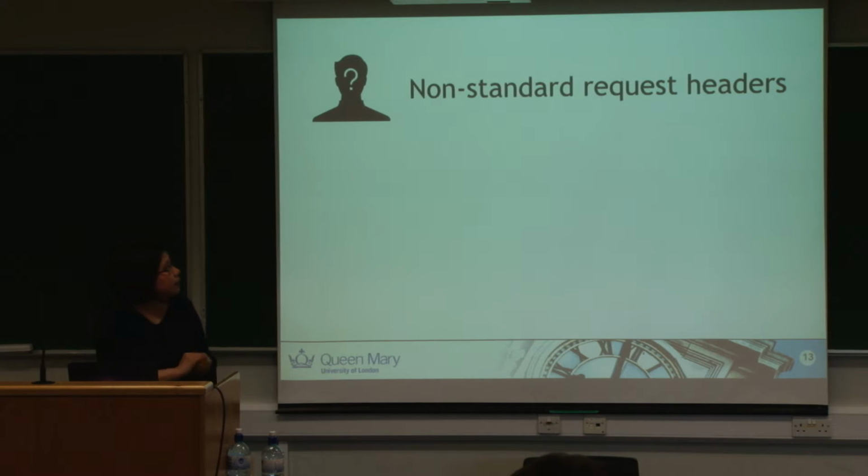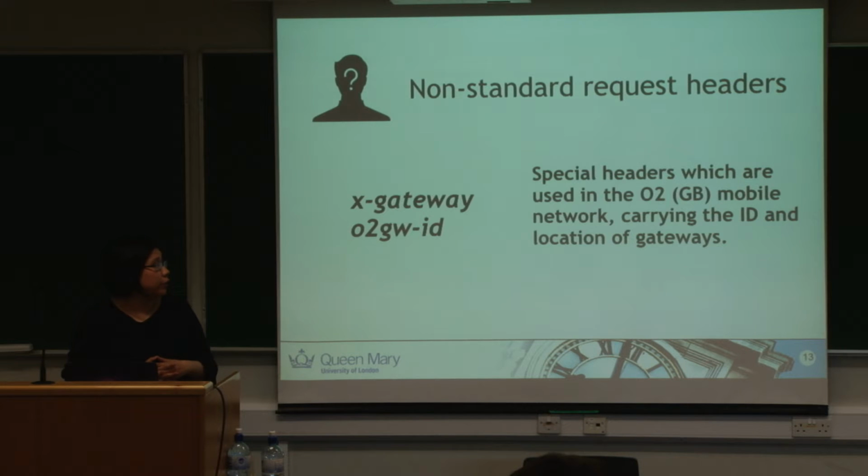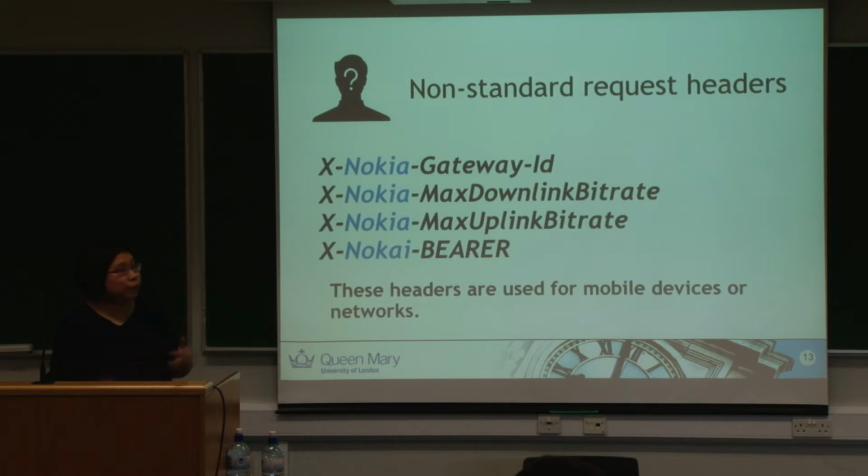And then we see some non-standard request headers. We try to infer or guess the use of these headers. Like these two are special headers which are used in the O2 mobile network, carrying the ID and location of gateways. And for these four, we noticed the Nokia prefix, so we guess that these four headers are related to some mobile devices.